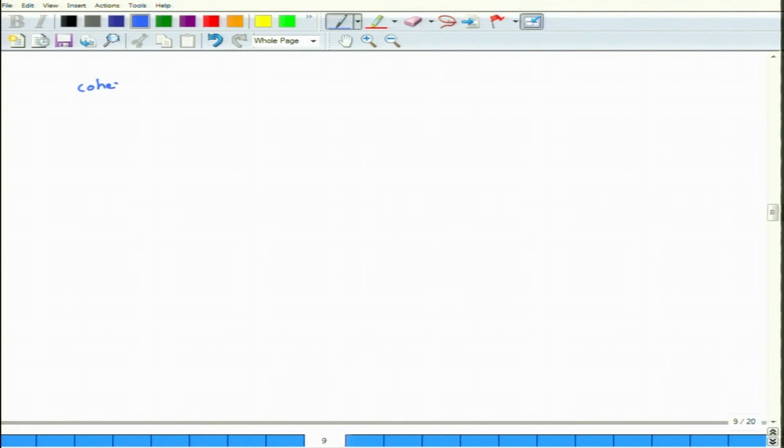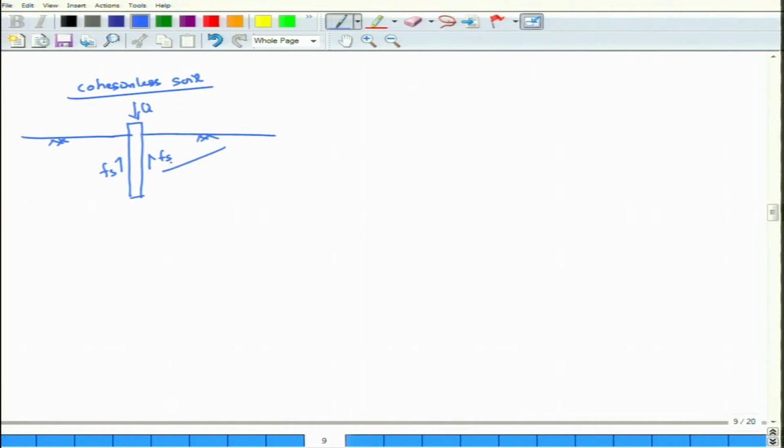For cohesion-less soil, if I write it, let us take a pile here, then this is your Fs, this is your Q, which will be acted upon by this delta.